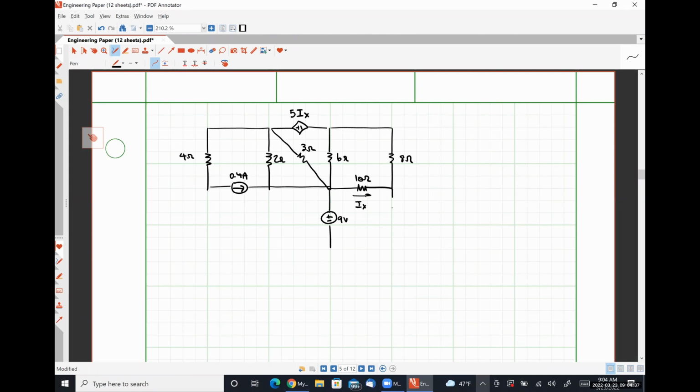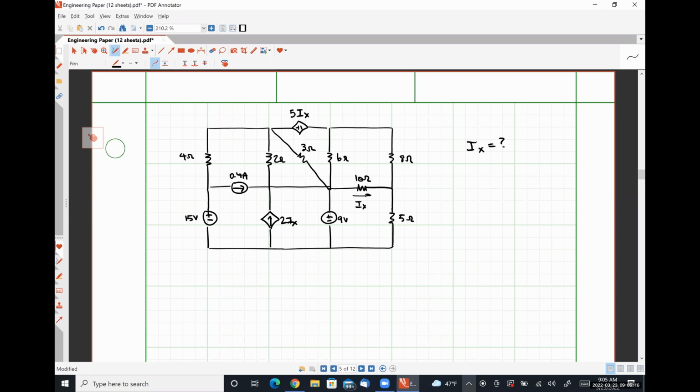Volt source, 5 ohm resistor, Ix dependent source, 15-volt source. So this is our circuit of interest. And our goal here is to determine the value of the quantity Ix.